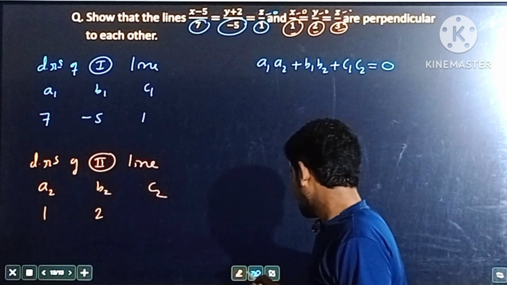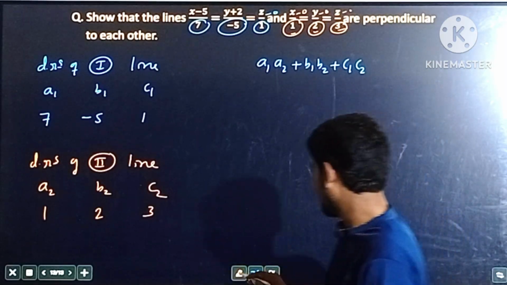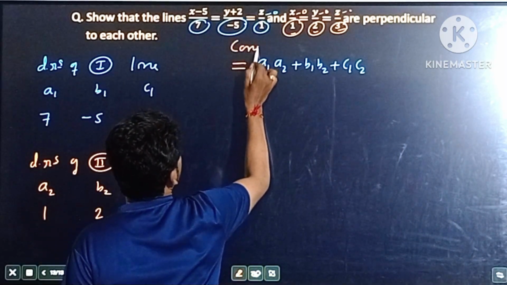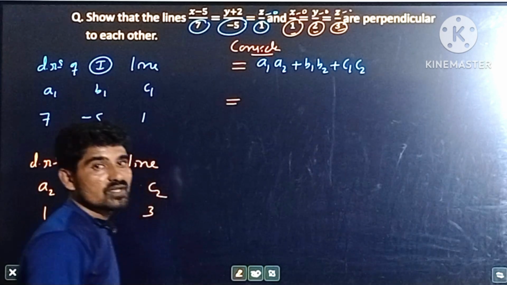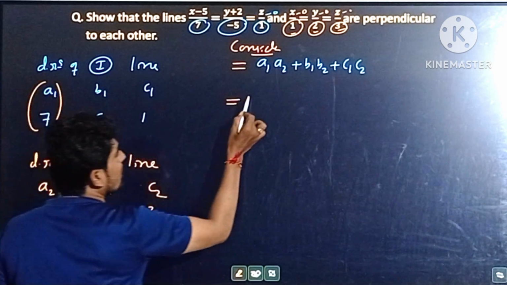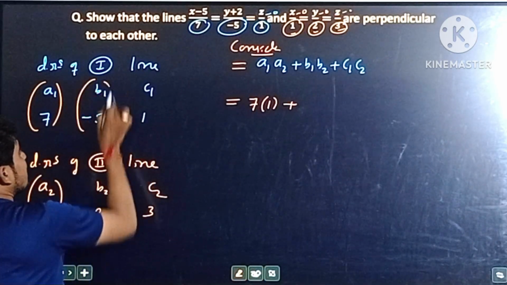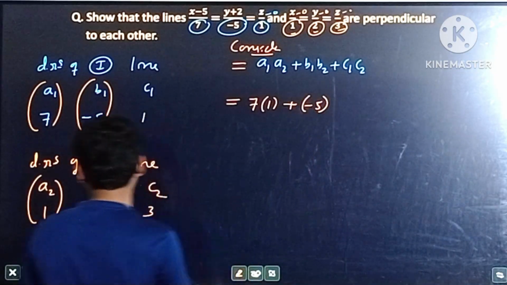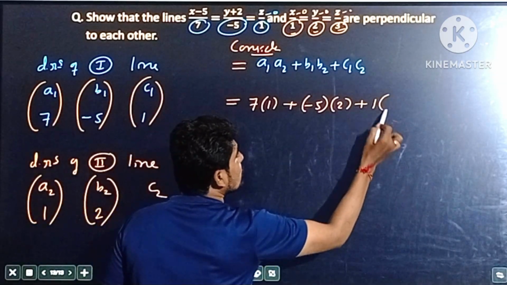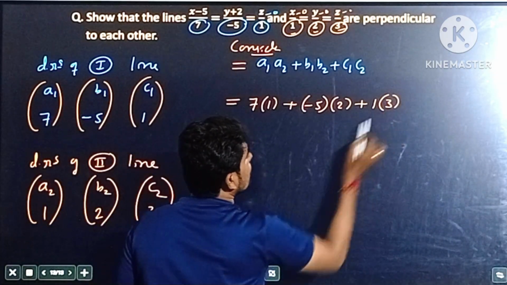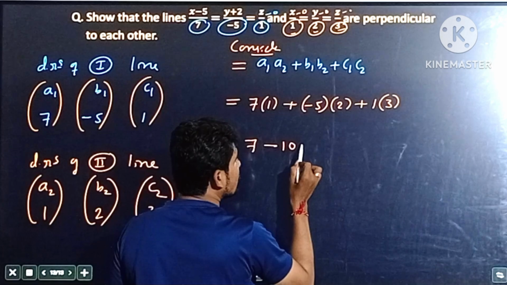Now to prove that these two given lines are perpendicular, consider the LHS of the condition of perpendicularity, that is a1 a2 plus b1 b2 plus c1 c2, where a1 is 7 into a2 is 1, plus b1 is minus 5 and b2 is 2, plus c1 is 1 into c2 is 3, which is equal to 7 into 1 is 7, plus minus 5 into 2 is minus 10, and plus 1 into 3 is 3.